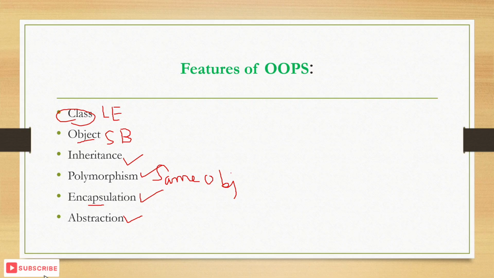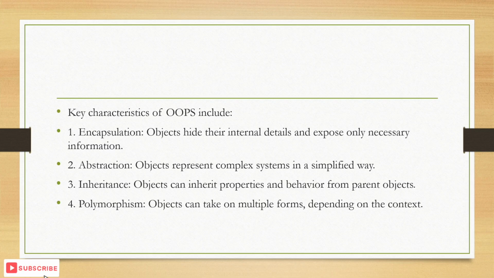Okay, next we have the key characteristics of OOPS. I've just mentioned one line definitions for the recapitulation part. Encapsulation: objects hide their internal details and expose only necessary information. Abstraction: objects represent complex systems in a simplified way.